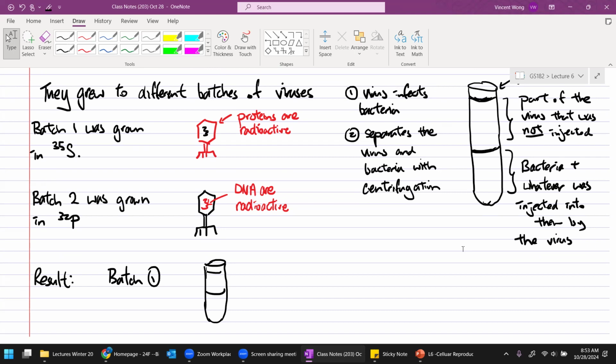Do you expect the radioactivity to be at the top or at the bottom? In other words, did the protein go into the bacteria? No, right? Okay. We know proteins, it's not hereditary, right? Okay, and that's what they found. They found the radioactivity only detected at the top portion.